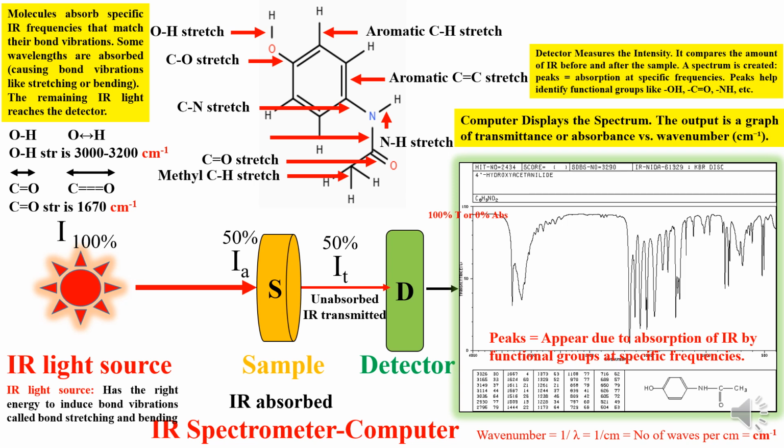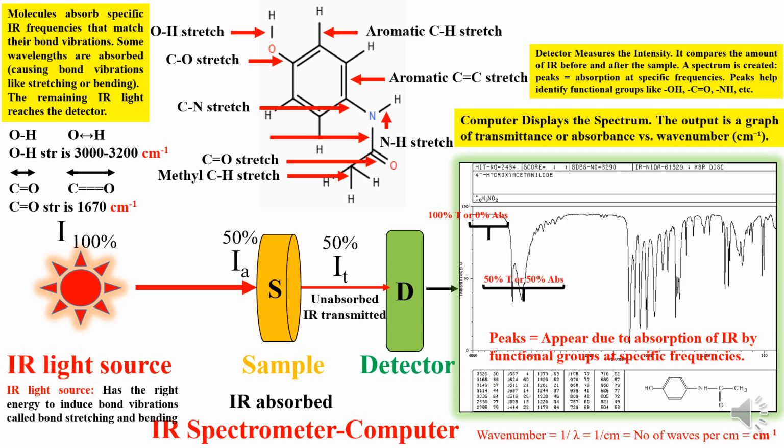Now initially, this is the IR spectra of the classical painkiller paracetamol. Initially in the IR spectra of paracetamol, you see that there are no peaks. When there are no peaks, then definitely you can take it for granted that there is 0% absorbance, or you can say there is 100% transmittance of the IR radiation.